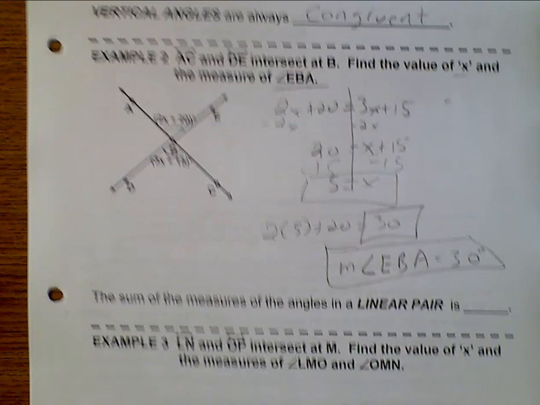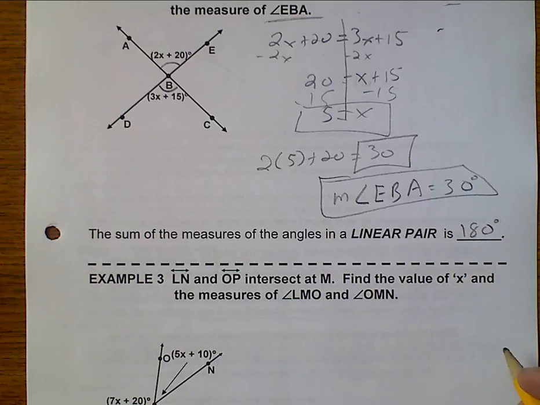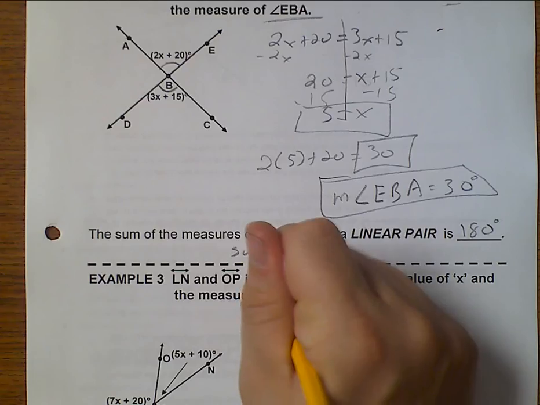Now for linear pairs, our special rule is that they are 180 degrees, which means that they are supplementary.